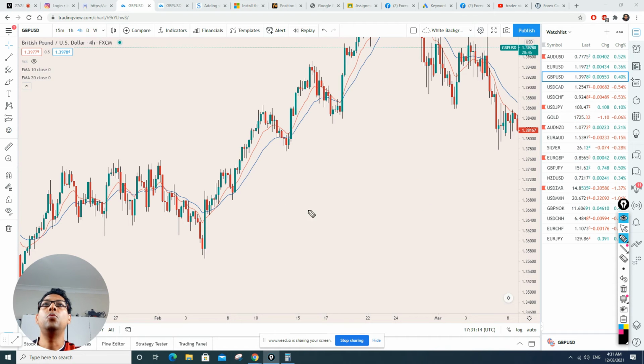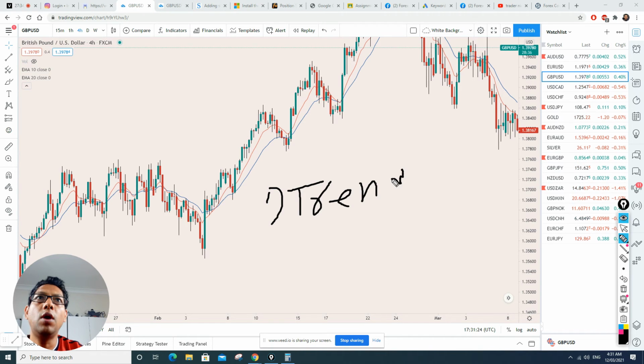Okay, now we'll learn the strategy. Rules of the strategy. Number one, trending market. You need to find a trend. You know how to find it now. Number two is wait for any candle to break down below the 20 period moving average.